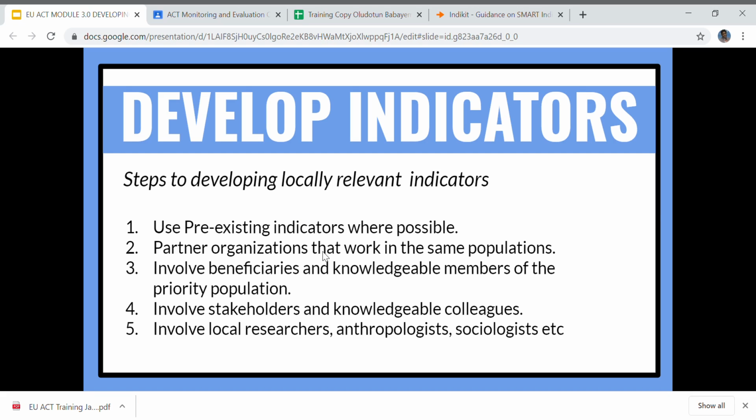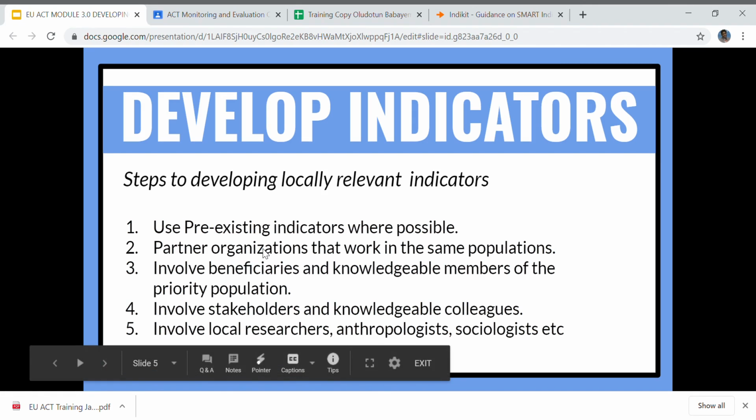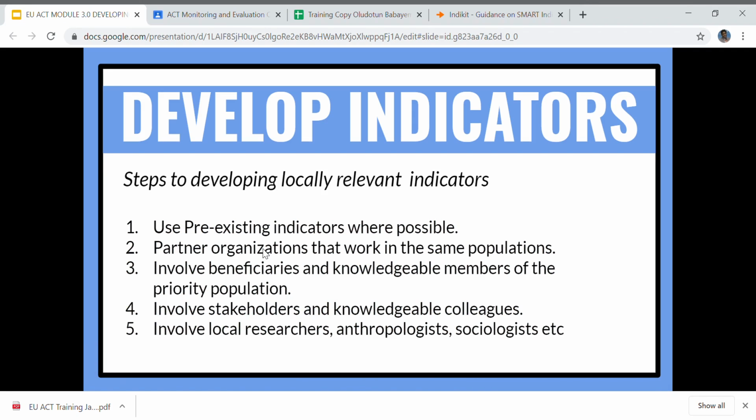Secondly, you can partner with organizations that work with the same populations. So if you're working in Goronyo, or in Ekpe, for example, or in any locality, your geographical location, think about other organizations that are working in that space.